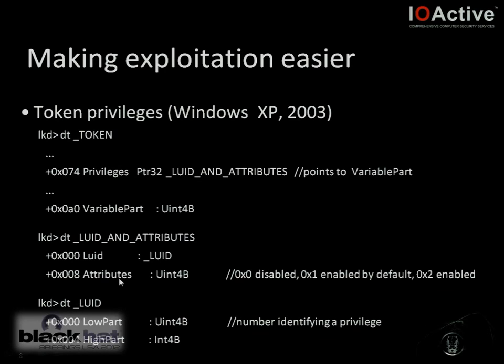Here, in the attribute fields, we have 3 different values. We have 0 for when the privilege is disabled, 1 when it is enabled by default, and 2 when it is enabled. And then in the LUID structure, we have a number identifying specific privileges. For instance, the privilege number 14 in XP is the debug privilege.